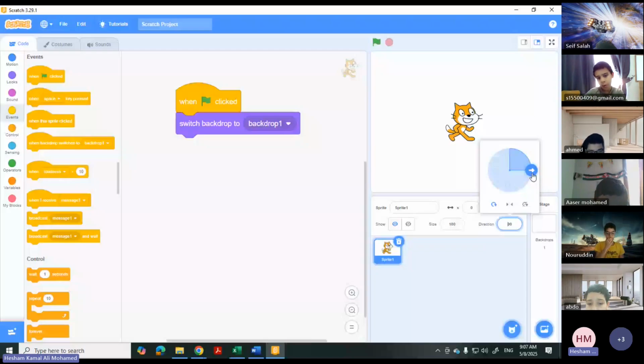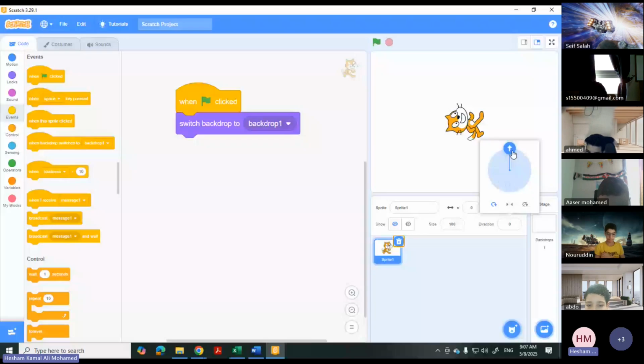Okay. But if I go up, in Scratch, remember this, in Scratch this is 0. In the coordinates, this is 90 degrees. If I go this way, in Scratch this is negative 90. In the coordinates, this is 180.